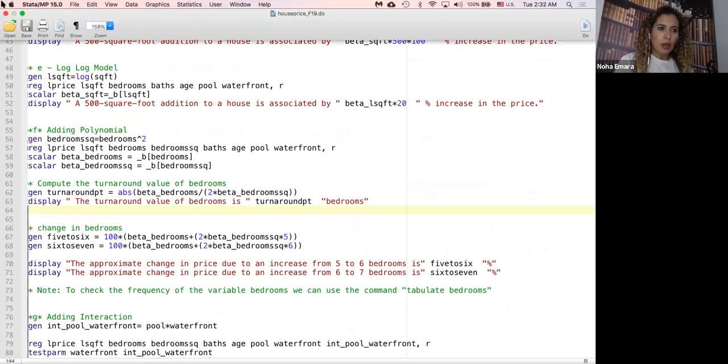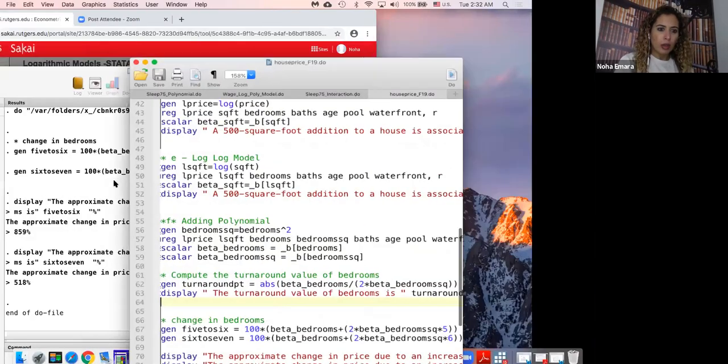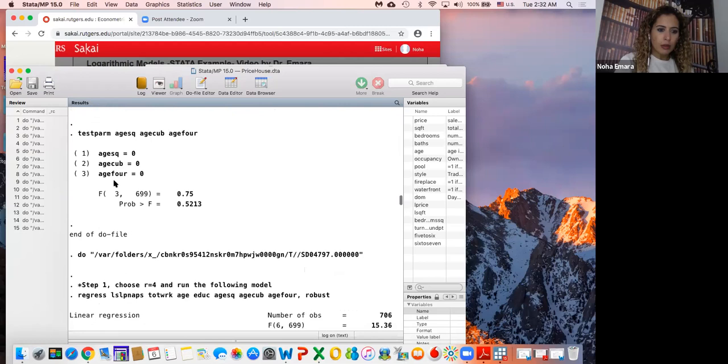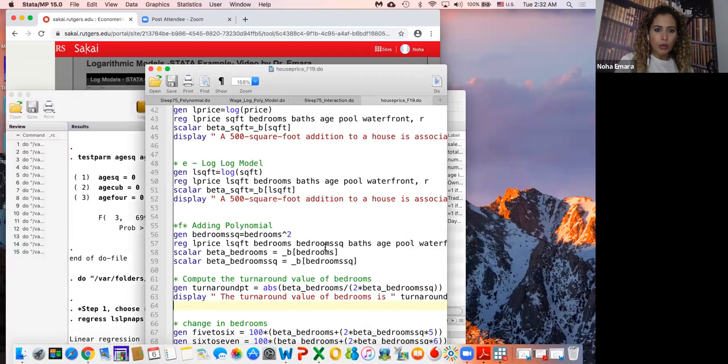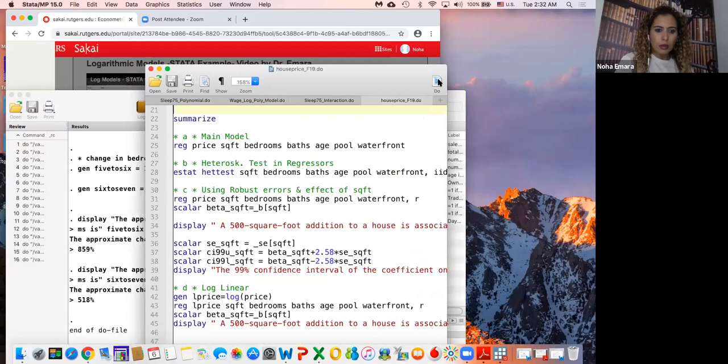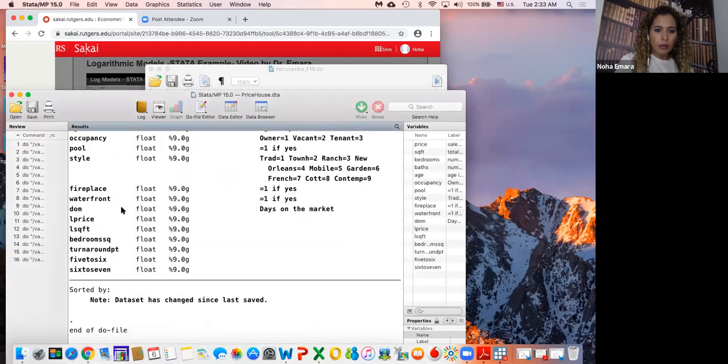Based on our labels and the summary that we did at the beginning, let me show you, describe. Okay, anyways, pool is 1 if you have a pool in the house, and waterfront is 1 if you have a waterfront.